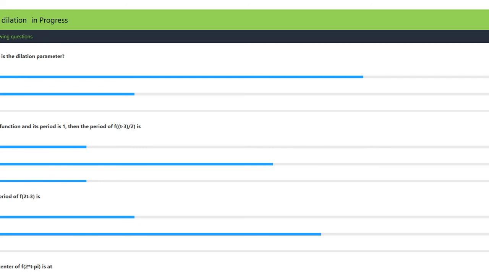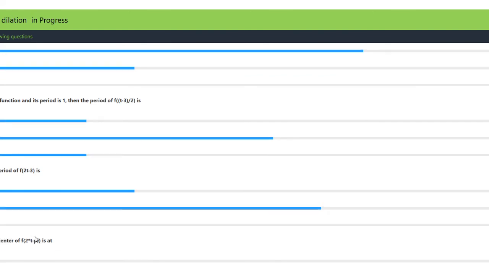If it's half of 2 pi, it should be pi. So the period is pi, not 2 pi, because sine t is 2 pi. If it's sine 2t minus 3, this has a higher frequency, so the period should be pi.